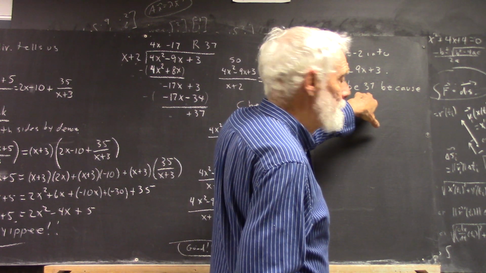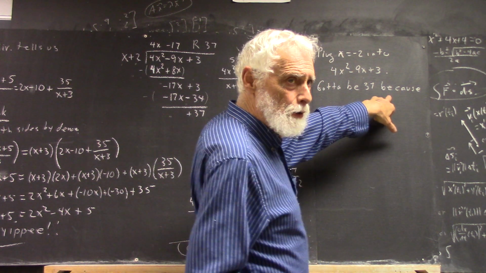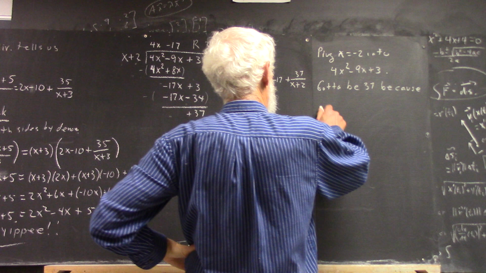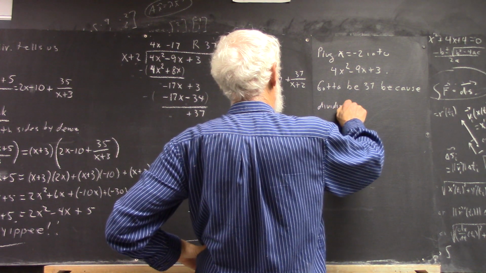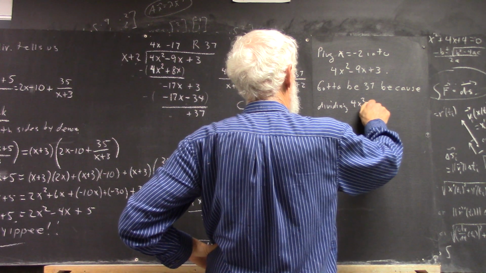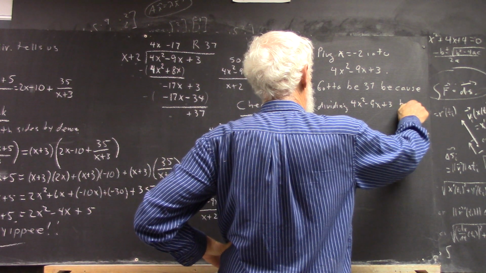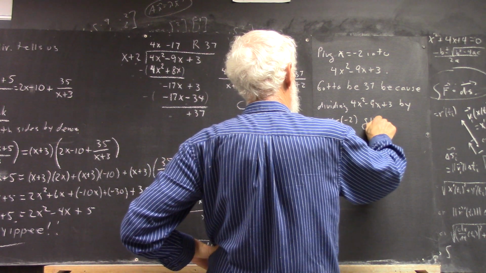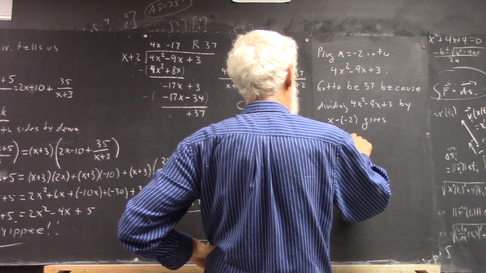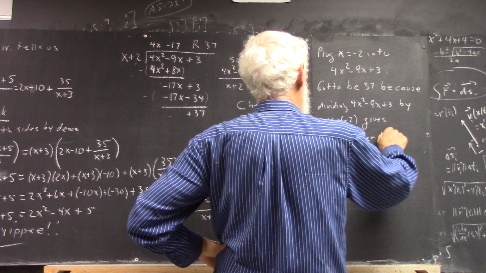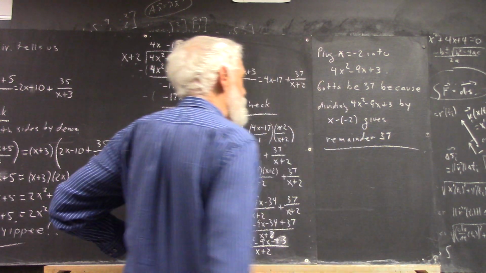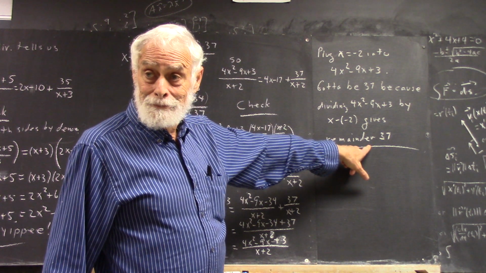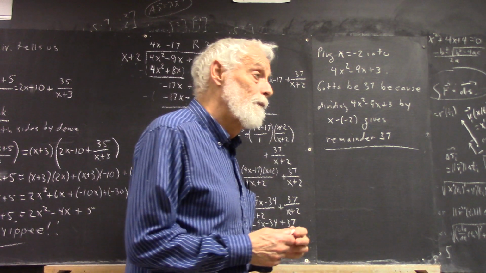But it's got to be 37 because, not going back to the most fundamental result, we can easily prove, well, because dividing this by this gives a remainder of 37. Okay?